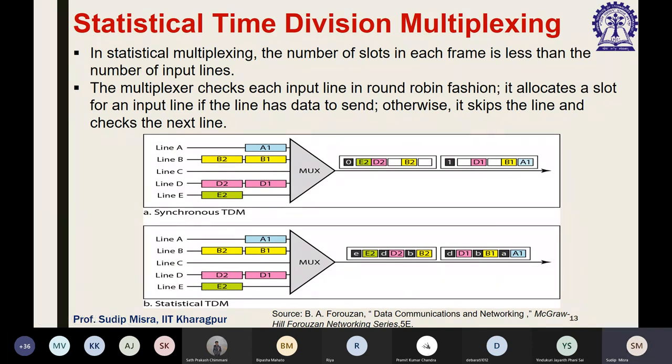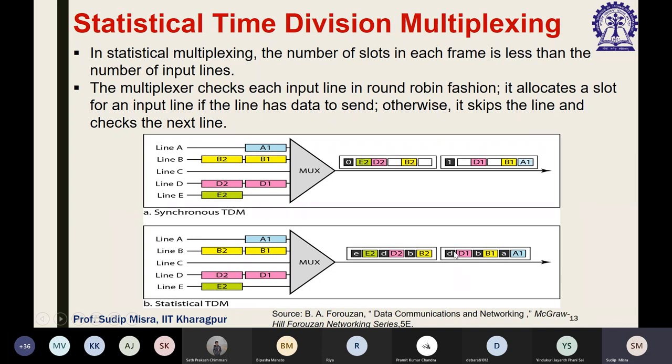So how is it done? It is done like this, that every frame is going to be accompanied by its header. So A1 is going to be accompanied with its header, B1 is going to be accompanied by its header, D1 is going to be accompanied by its header.